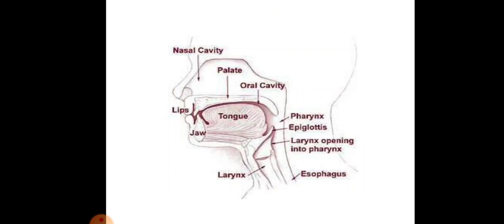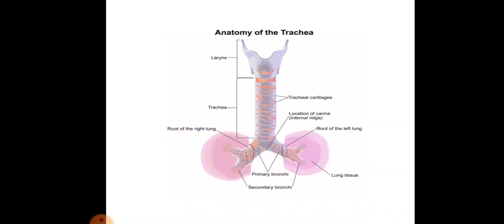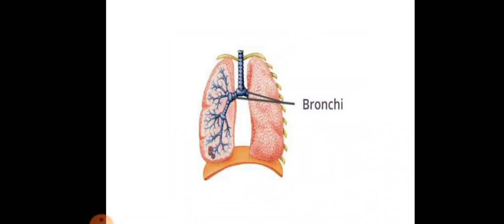Same thing, the trachea. This is the trachea, the windpipe, and this is the bronchus. Bronchus already discussed, the pipe is divided in two. The right bronchus is shorter, wider, and more vertical than the left bronchus.